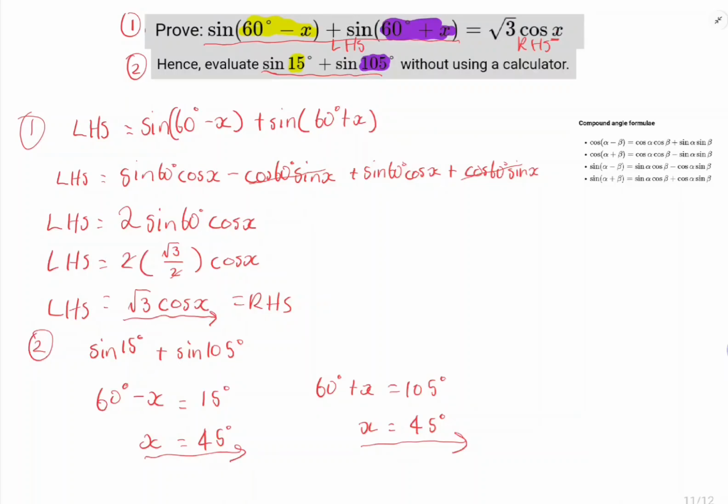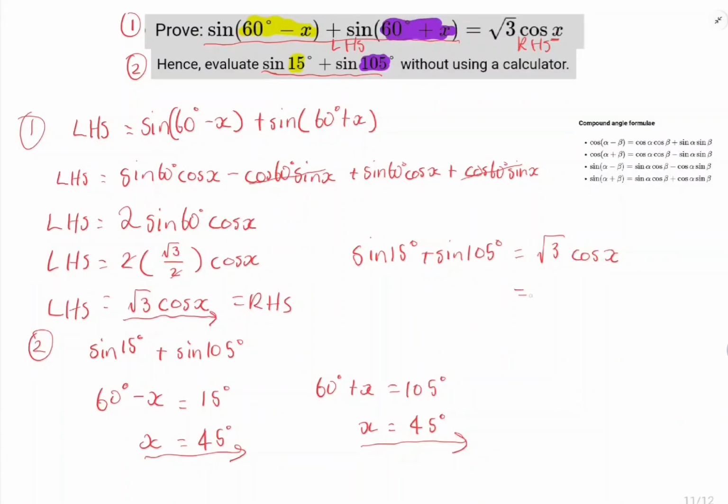Then, since these are the same, it means that this is also equal to this. So we can use the x that we just got there to evaluate this. So essentially what I'm saying is sin 15 degrees plus sin 105 degrees is actually equal to square root 3 cos x, right?